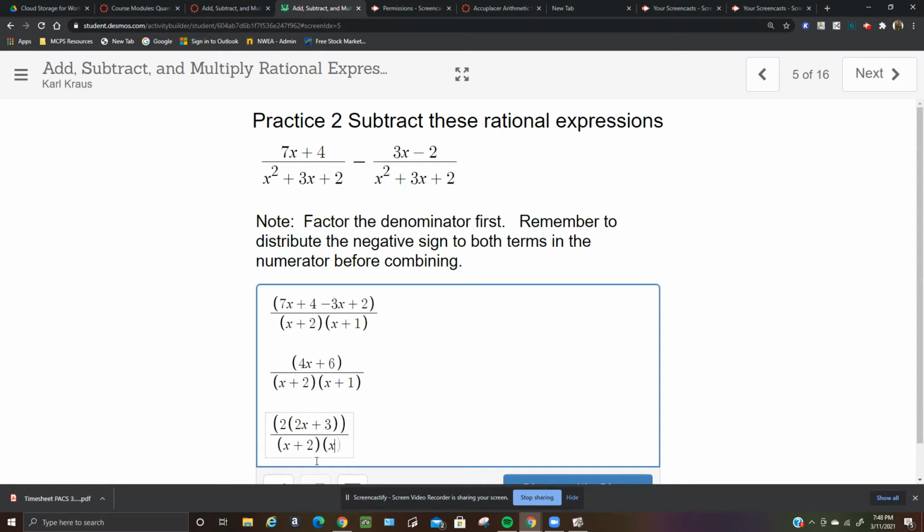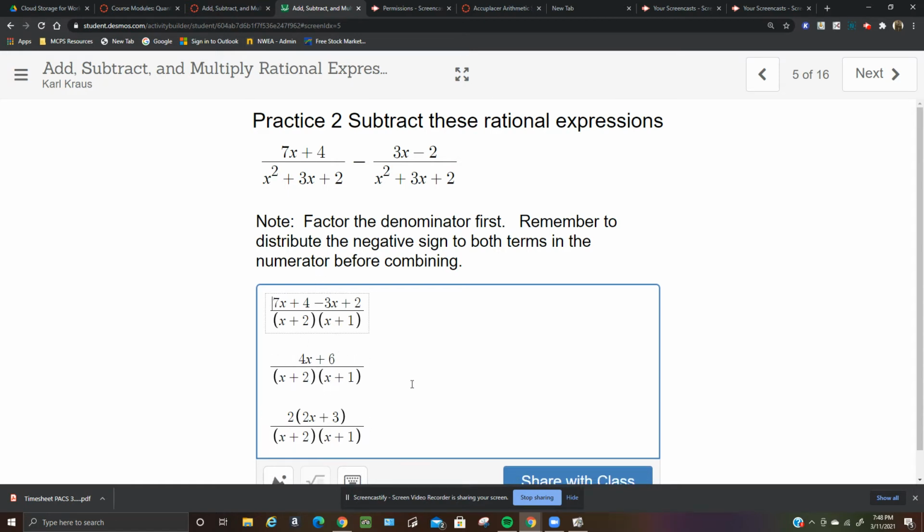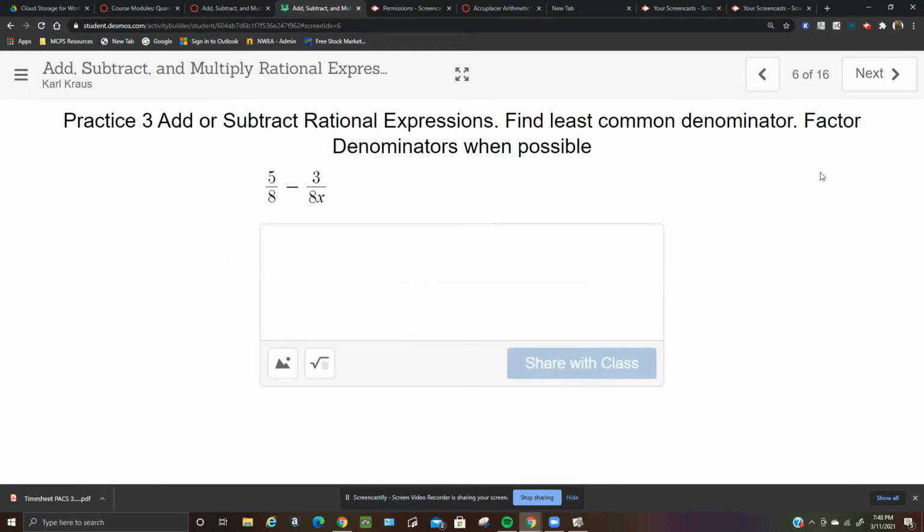The reason why I do that is to see if anything can cancel. It doesn't, but we'll go ahead and leave this in factored form now. And take these parentheses away here. All right.